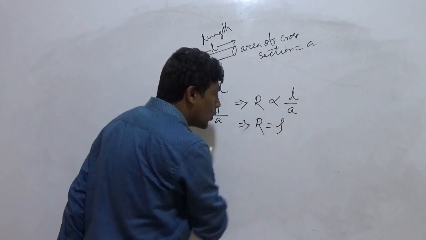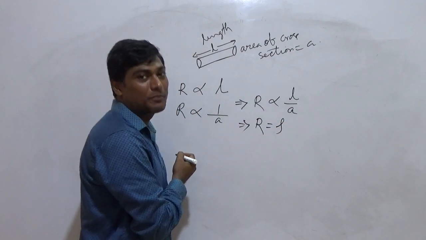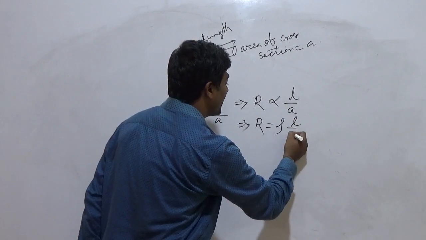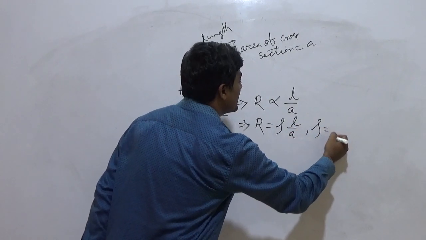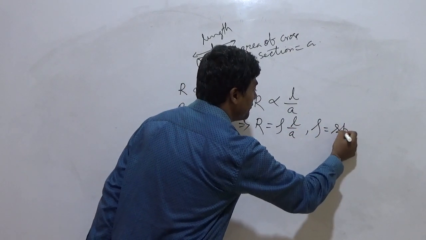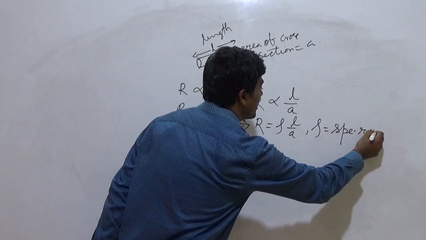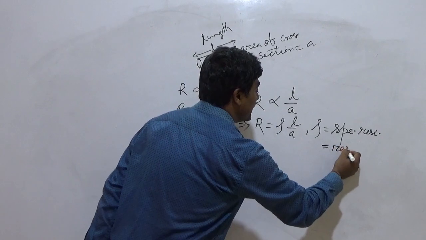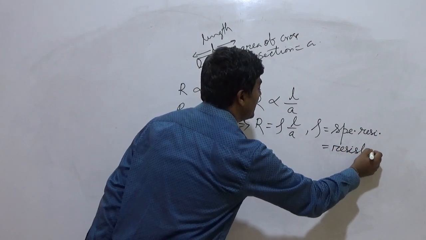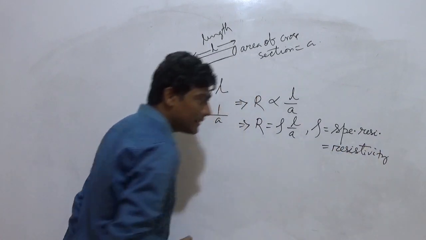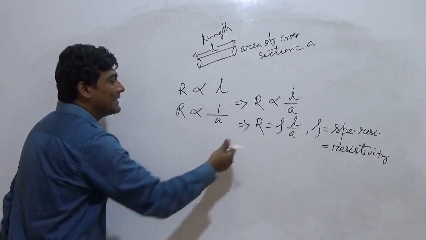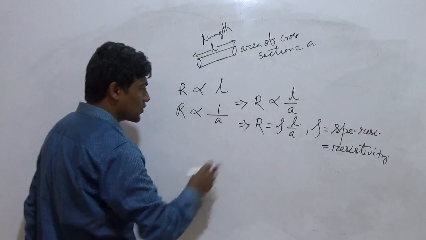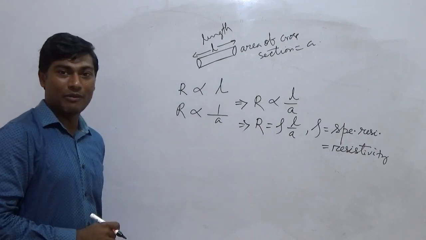Here we write rho, the proportionality constant, which we call the specific resistance, R equals rho L by A, where rho is the specific resistance, or sometimes we call it resistivity. So this is the first equation using which we will proceed.